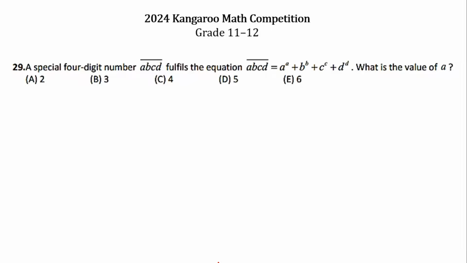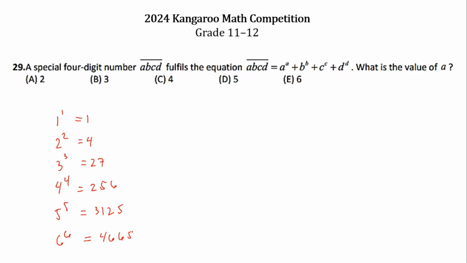We can first compute the following powers. 1 raised to 1 equals 1, 2 squared equals 4, 3 raised to 3 equals 27, 4 raised to 4 equals 256, 5 raised to 5 equals 3125, and if you notice, 6 raised to 6 is equal to 46656.